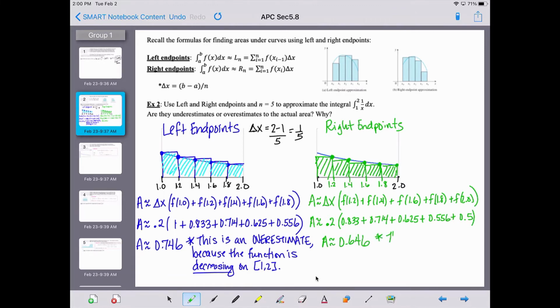And I know that this is an underestimate, because the function is decreasing on 1 to 2. Same reason as before.